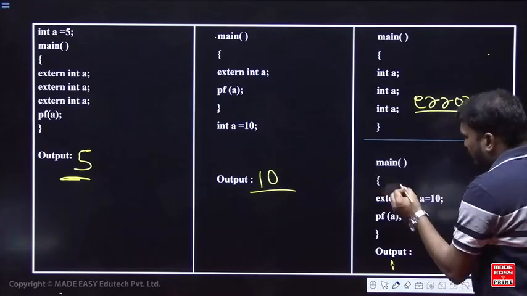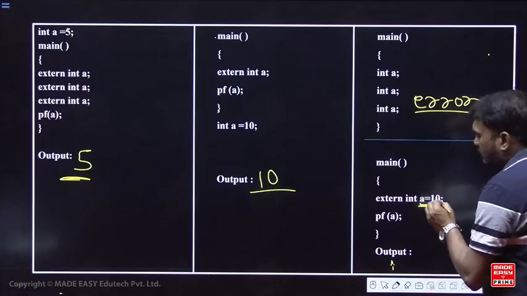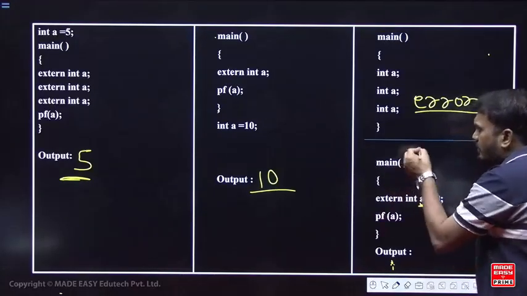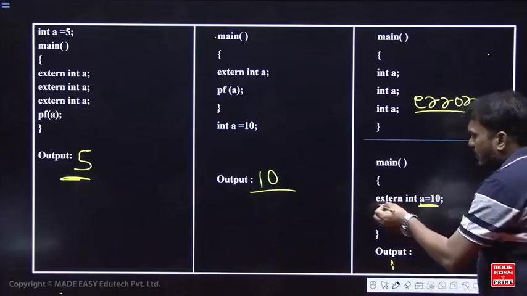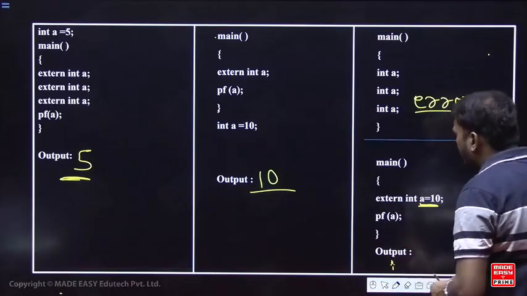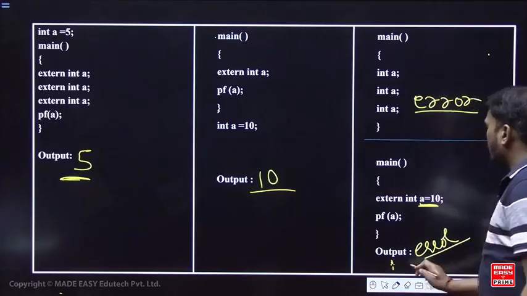Now understand here. So main, extern integer a. First of all, you are doing initialization here, so this is not allowed, and moreover there is no variable a outside. There is no variable a outside, so no memory is allocated for it. And when you say printf a, what will it give you? Error. Okay, same thing.